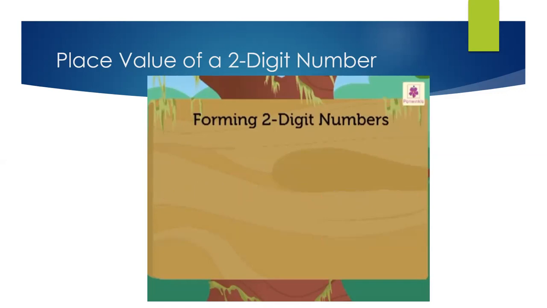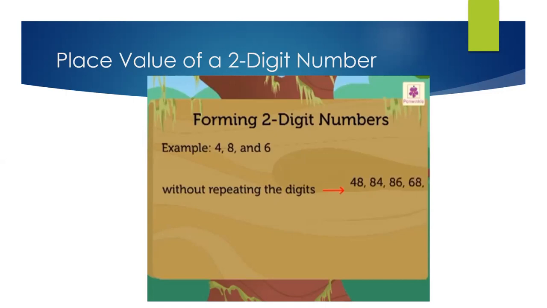Kids, now let us see how many two-digit numbers can be formed using the digits 4, 8 and 6. Without repeating these three digits, we can form 6 two-digit numbers. They are 48, 84, 86, 68, 46 and 64.